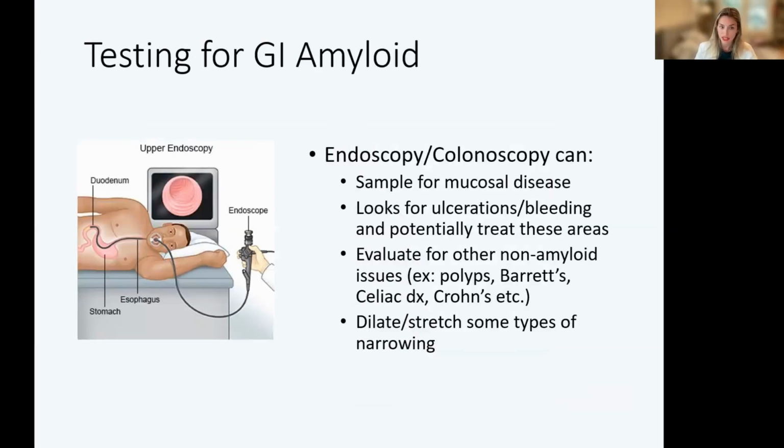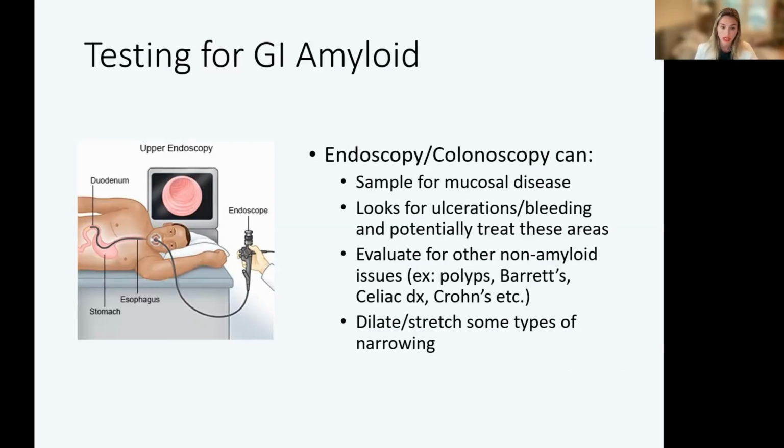In terms of testing for GI amyloid, endoscopy and colonoscopy is really at the forefront. What this can sample for is mucosal disease within the superficial lining of the intestine, as well as looking for ulceration, bleeding, and potentially treating these sites.